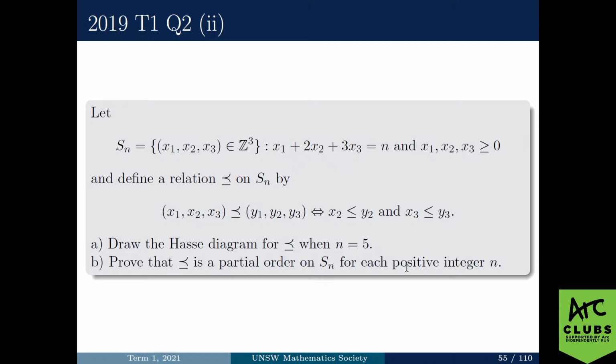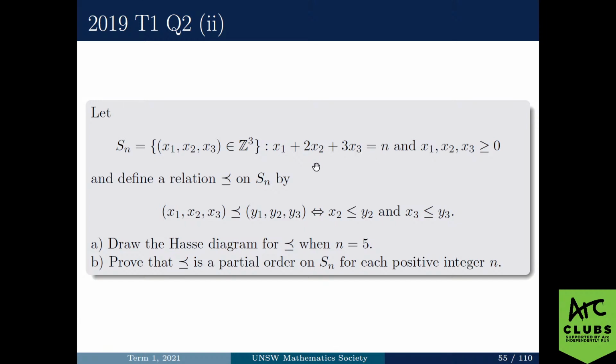And it's defined by every set of 3 elements. So each 3-elemented tuple is defined by this equation here, where x1 plus 2x2 plus 3x3 is equal to n. Okay?